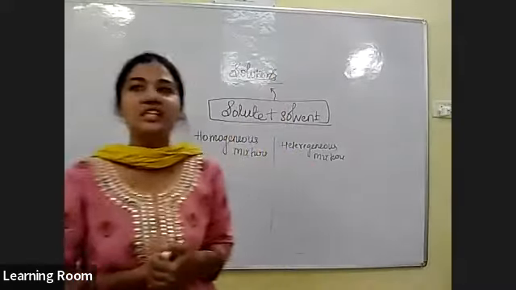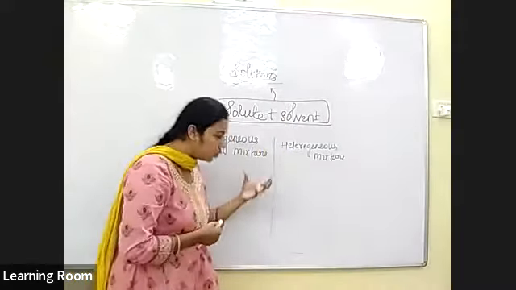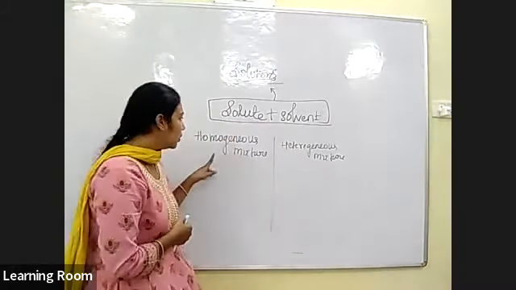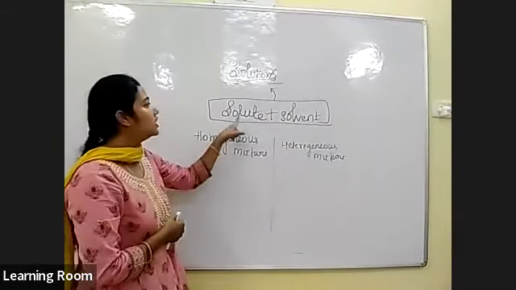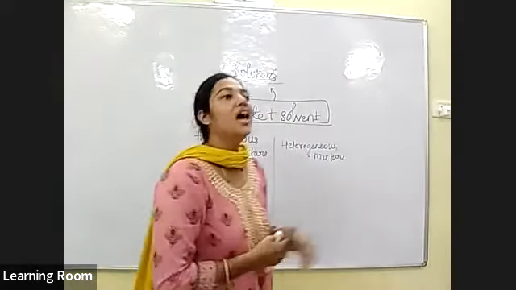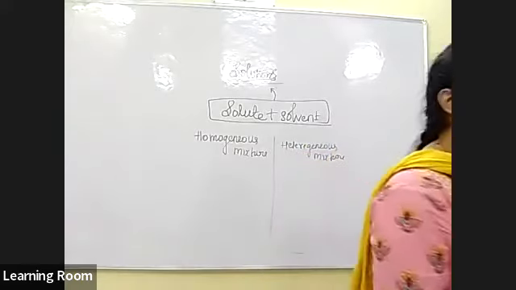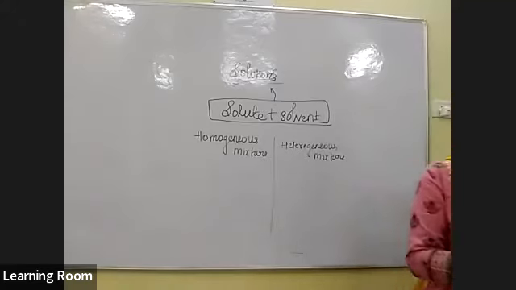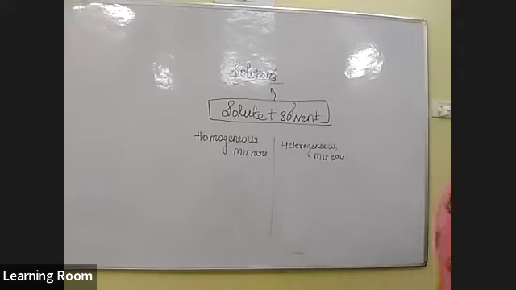So homogeneous mixture and heterogeneous mixture both contain solute and solvent. In a homogeneous mixture, the solute will be completely dissolved. Can you say any example? Salt and sugar with water.